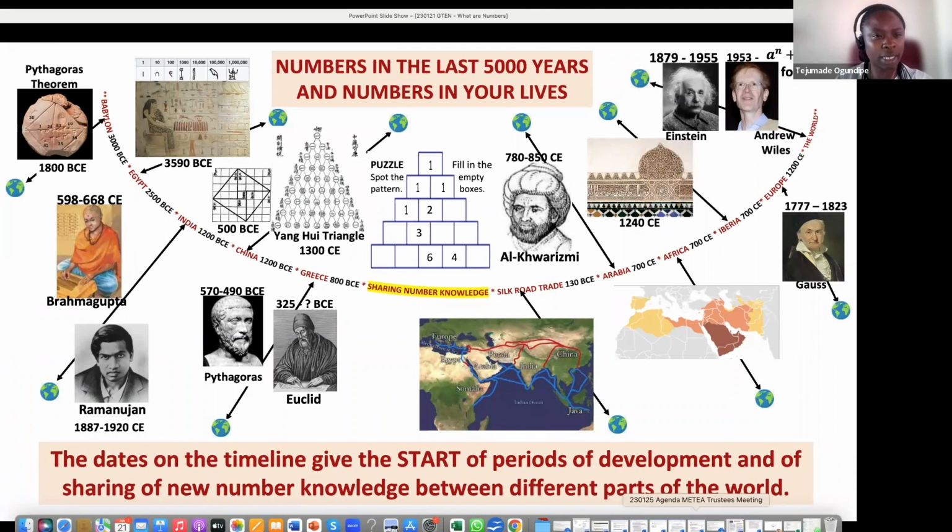We can see the Pythagoras theorem on one side, the pyramid, and so many things, Einstein, from start to finish, which is sharing number knowledge. We can see Greece, 800 BCE, and there are so many things. We'll just give you a taste here and there today. In the last 5,000 years, all of us have come across number in different ways.